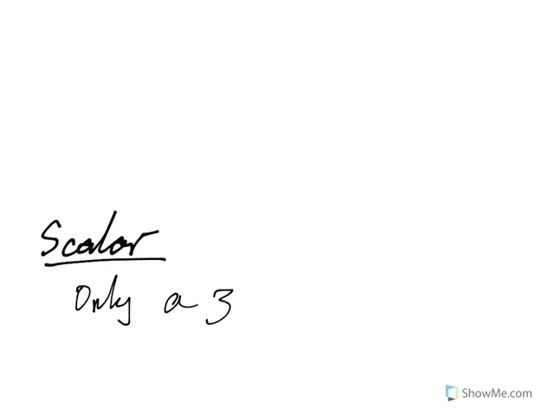Alright, so the first thing we need to look at is a new idea, things called vectors and scalars. So, first of all, scalars. What is a scalar? A scalar is a quantity that has only a size.